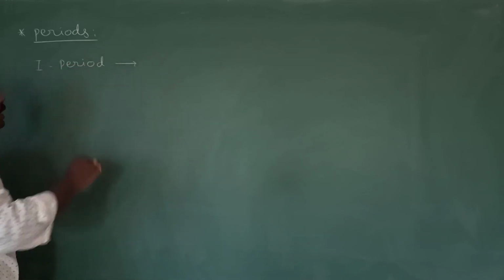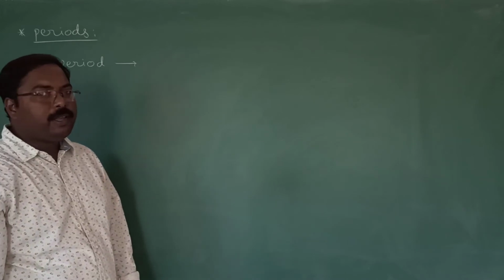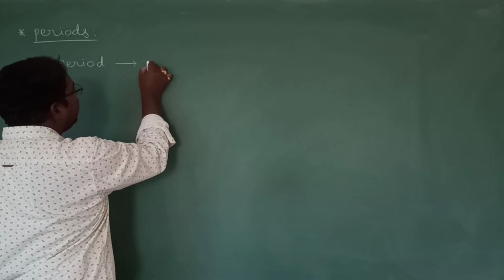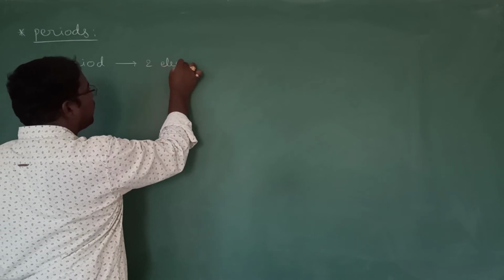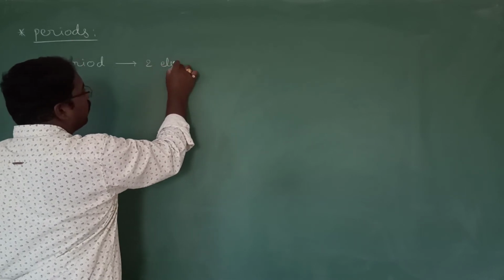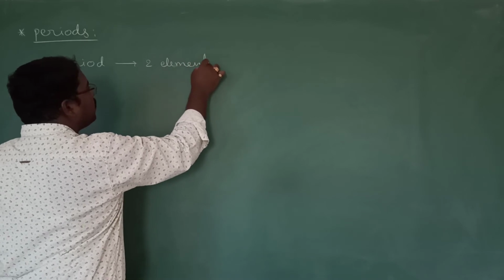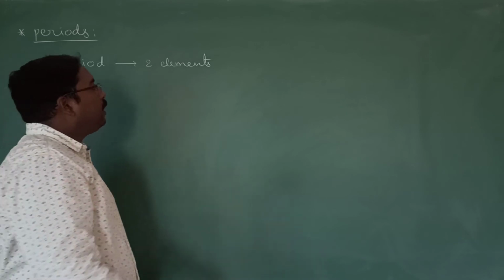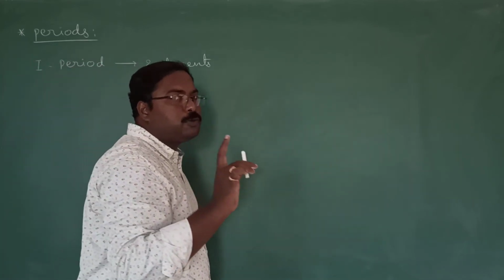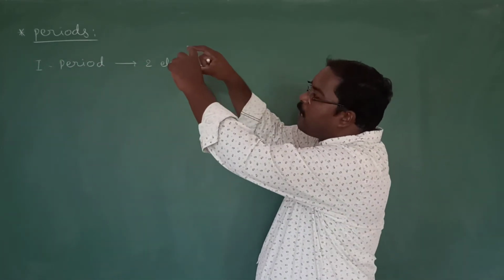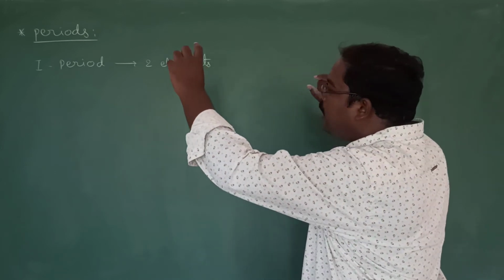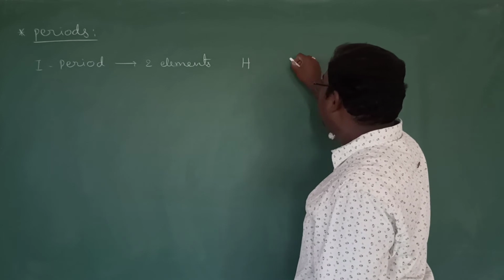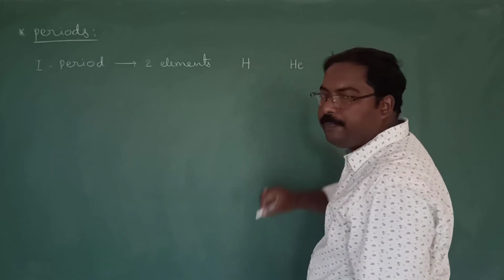What do you observe regarding the first period? If you observe that first period, there are only 2 elements present. The first period contains only 2 elements, hydrogen as well as helium.